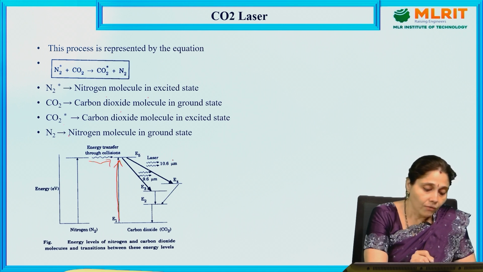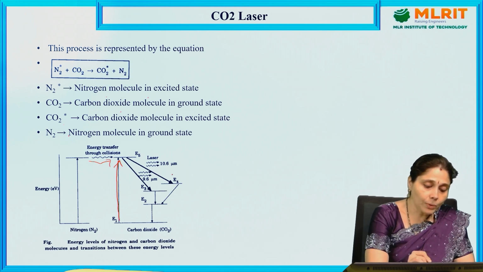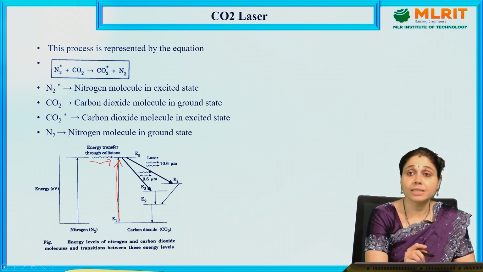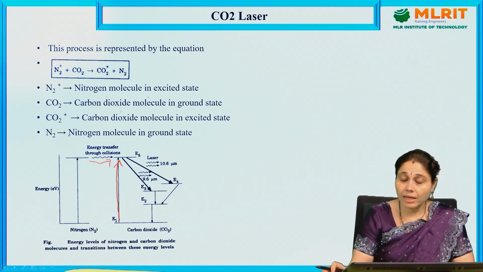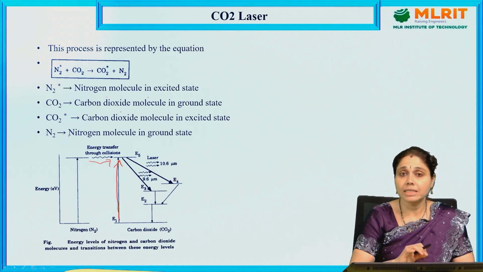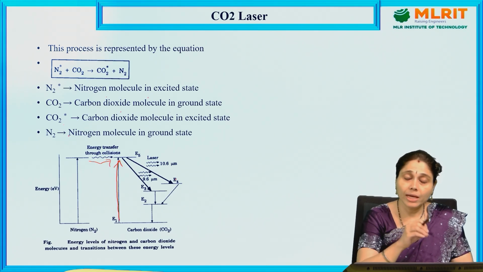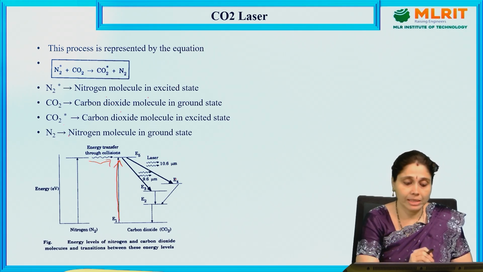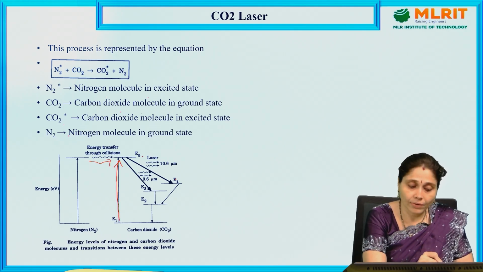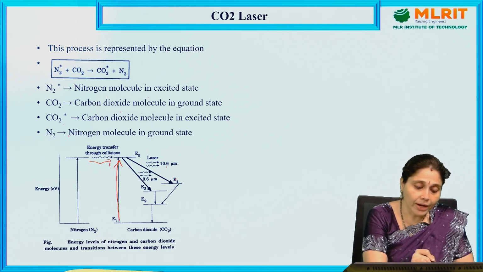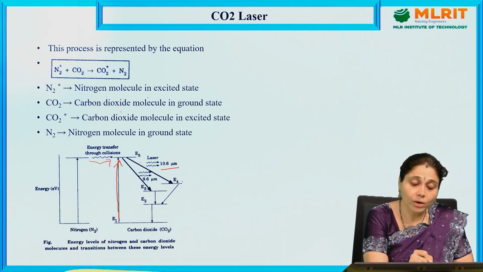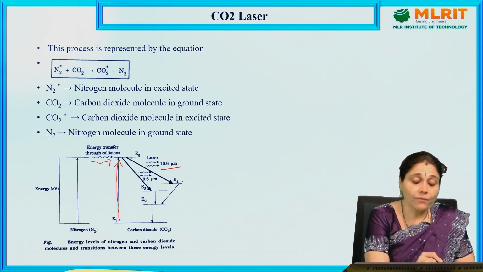And then what happens here? There are 5 energy levels, E5 to E1. Even though this is called a 4 level laser system, it has 5 levels. E5 is the upper state, and the transition from E5 to E4 produces 10.6 micrometer laser light, and 9.6 micrometers is produced when it jumps from E5 to E3.